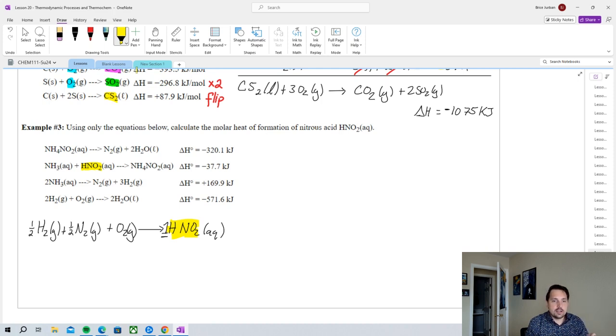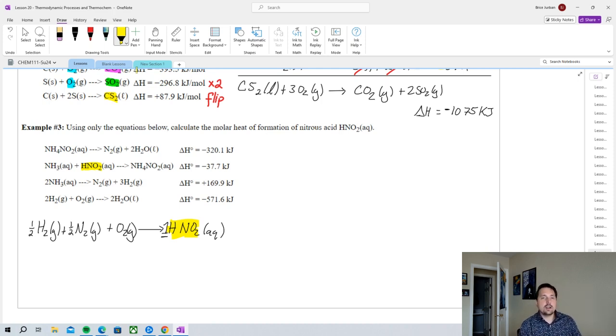And ammonium nitrite has a delta H of negative 37.7 kilojoules. Now, there's no other reactions here that have nitrous acid in them. Instead, they deal with ammonia, and this other one deals with ammonium nitrite, and they break down into nitrogen and water. And then we have the electrolysis of water equation, and then we have the breakdown of ammonia equation.